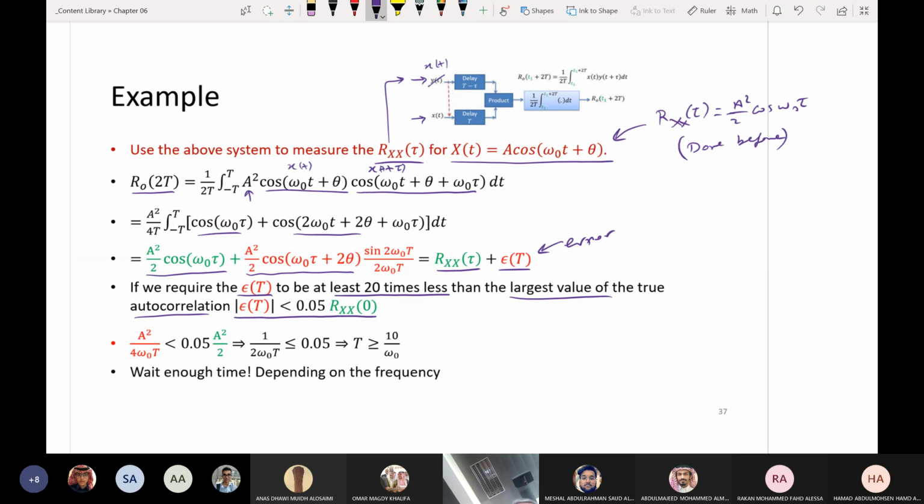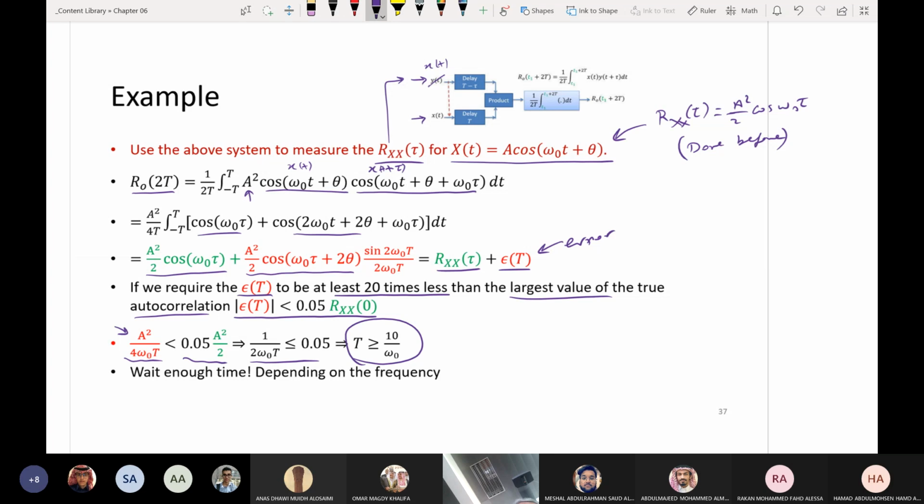This is just an example. Which means that the largest value of the error, this red one, is less than 0.05 the largest value of the autocorrelation function. Now simplifying gives you T should be larger than or equal to 10 over omega 0.